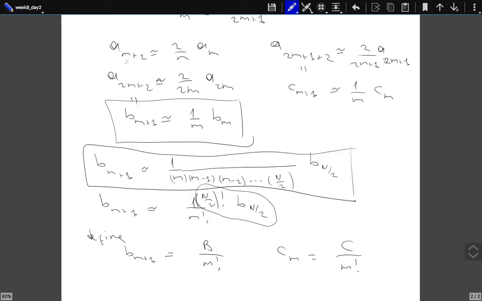So you see, I start from m and multiply all the integers down to n over 2 or n over 2 plus 1 half, depending on whether n is odd or even. So that product is just like the factorial, but it's missing those terms from n over 2 down to 1. So that's why I'm multiplying by n over 2 factorial also. Or to be more precise, it should be n over 2 minus 1 factorial.